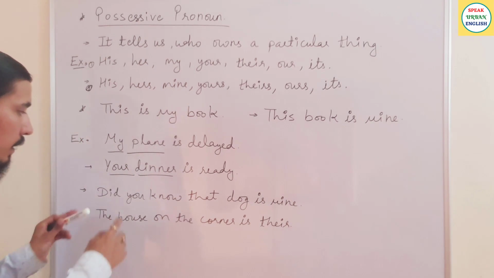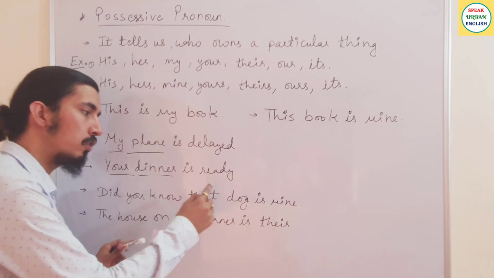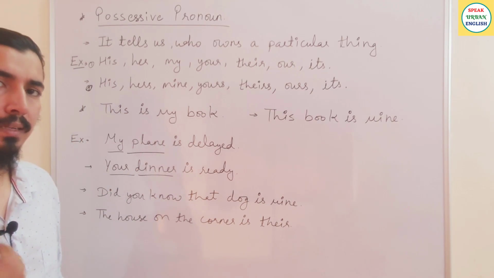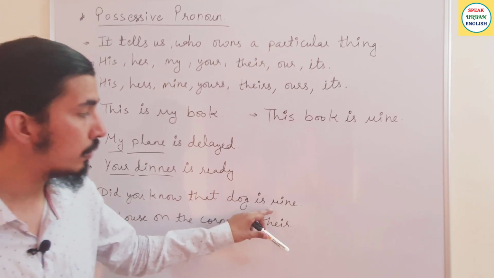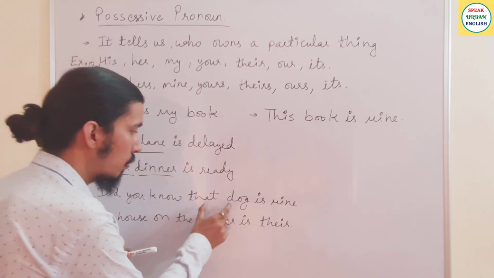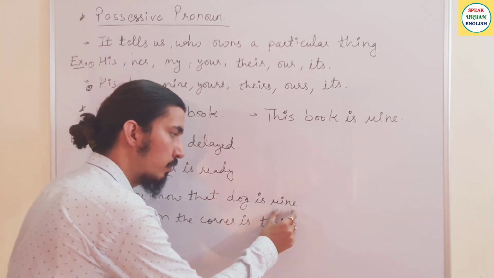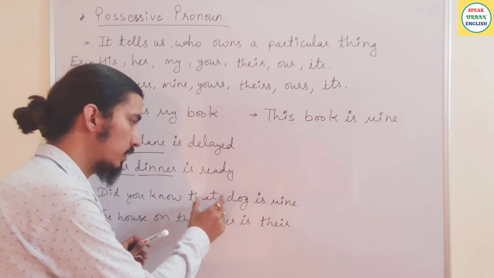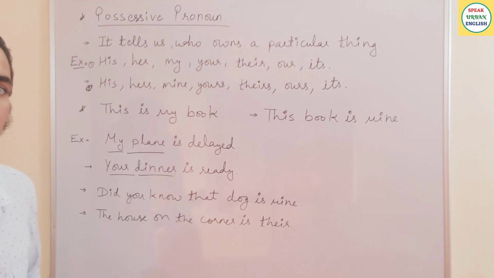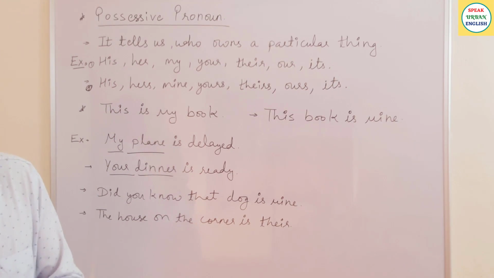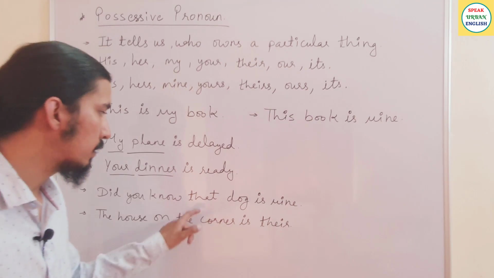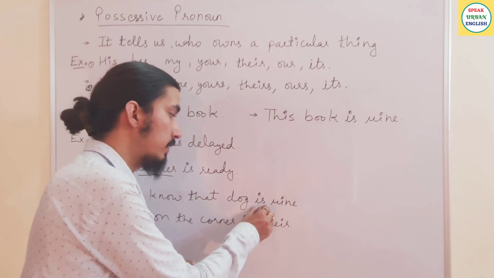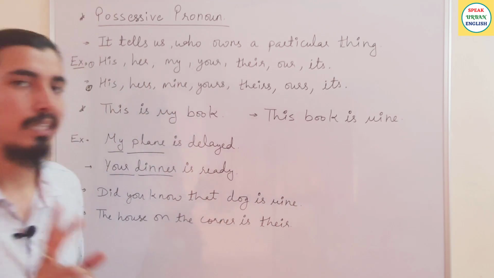Did you know that dog is mine? Here I used category 2, mine, because dog is not adjacent to mine. The possession of the dog is what we are talking about. So that dog is mine. Since is separates them, it's not adjacent, so we use category 2.